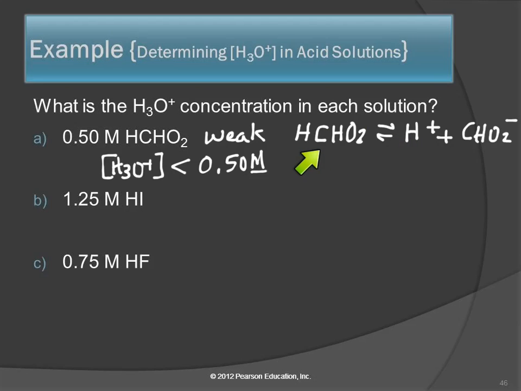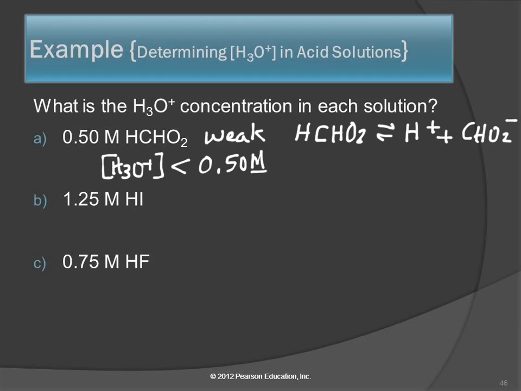But this is a weak acid, meaning most of it is still as molecules. So this 0.5 moles per liter means 0.5 moles of this stuff was put into a liter of water. Doesn't really say what happens to it after you put it in there. What happens to it is that some of it ionizes, but not all. So there are some hydrogen ions, but their concentration is going to be less than the concentration of this. Does that help? Yes. Because it's a weak acid.